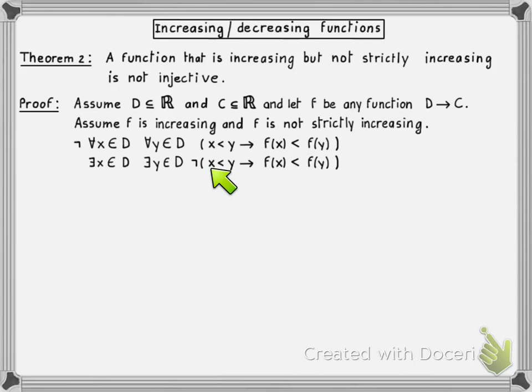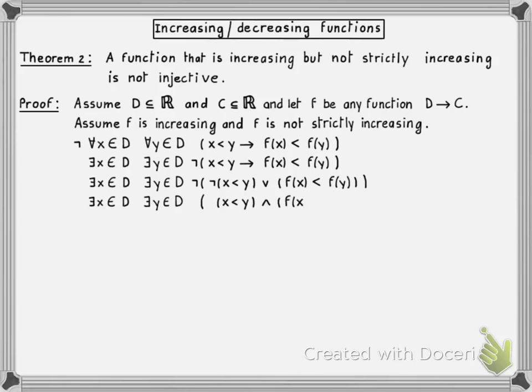Remember how the conditional can be rewritten as a disjunction, like so. P implies Q is equivalent to not P or Q. Now we can use De Morgan's law for disjunction. So the negation of a disjunction is a conjunction of the negations.